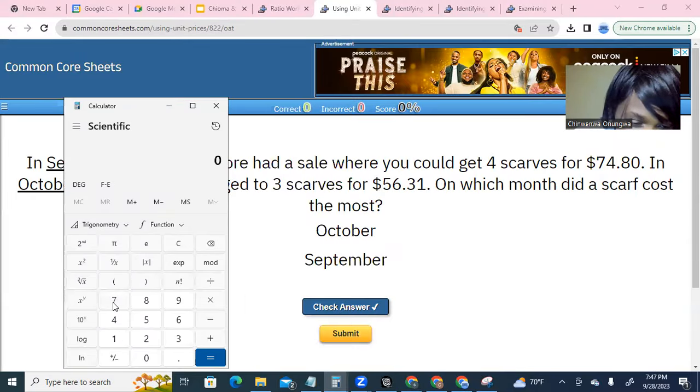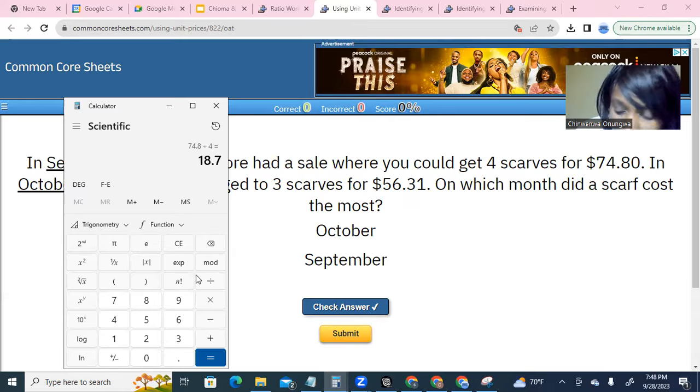We'll say 74.80 divided by 4. That should give us around, I'm not sure, let me see. 74.80 divided by 4, we get 18.70. So in September, the price for one scarf was 18.70.